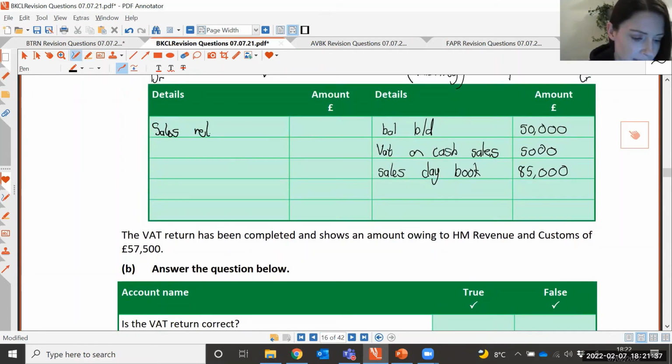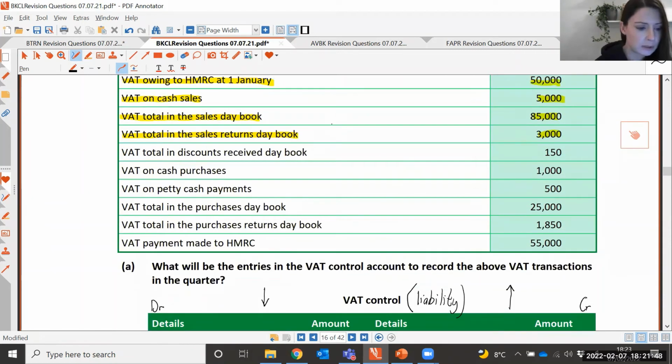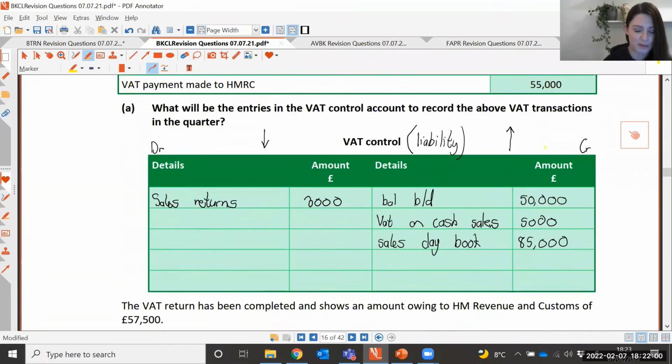So sales returns for 3,000. So next we have the VAT total in the discounts received day book. Good. Yeah, credit of £150.